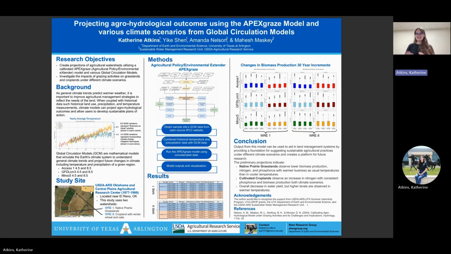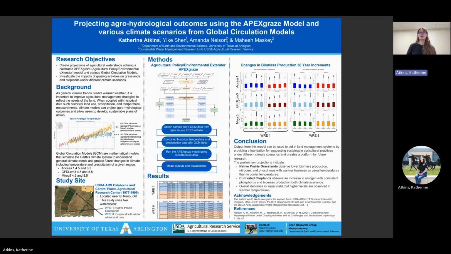We can see how these things might be impacted using the Agricultural Policy and Environmental Extender model, or APEX GRAZE. This model specifically focuses on how grazing might impact a watershed, and it's very cool in how the input for the system is calibrated using land management system technique and information, and then the output is how the soil health is being impacted.